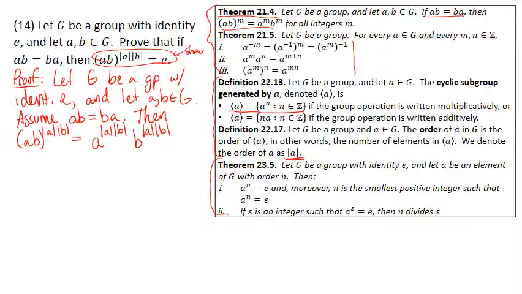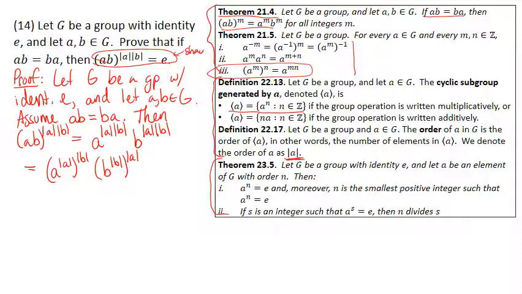And then I'm going to use the third part of theorem 21.5 like this. So I'm going to write A to its own power times B, and then I'm going to do B to its own power. So keep in mind the order of A and B are integers, so I can put B inside like that, and then the order of A on the outside like that.